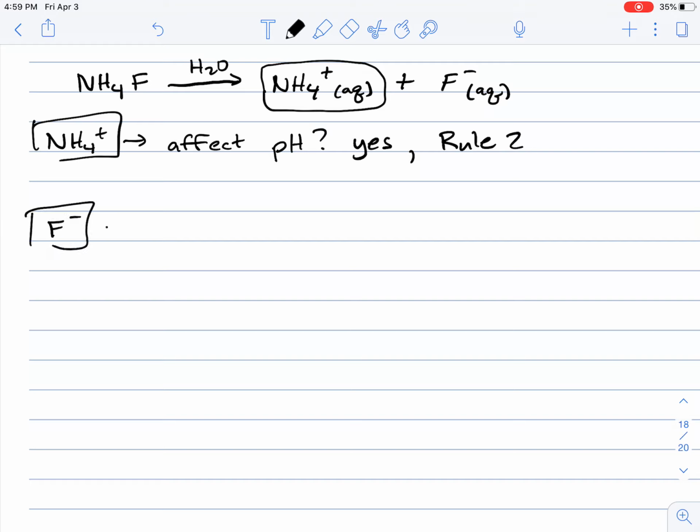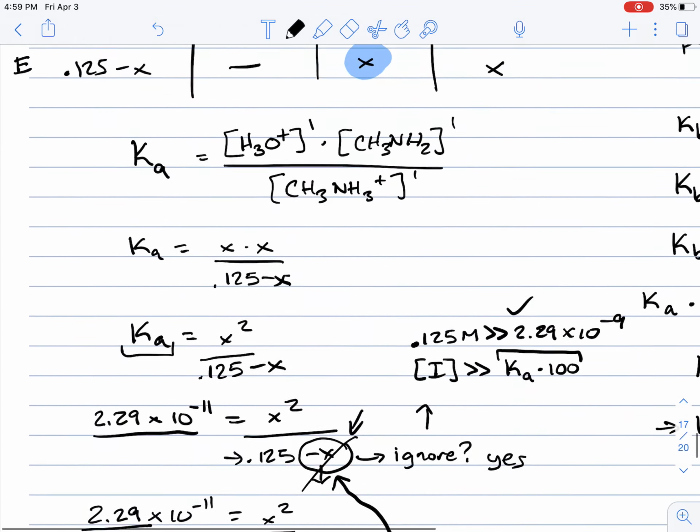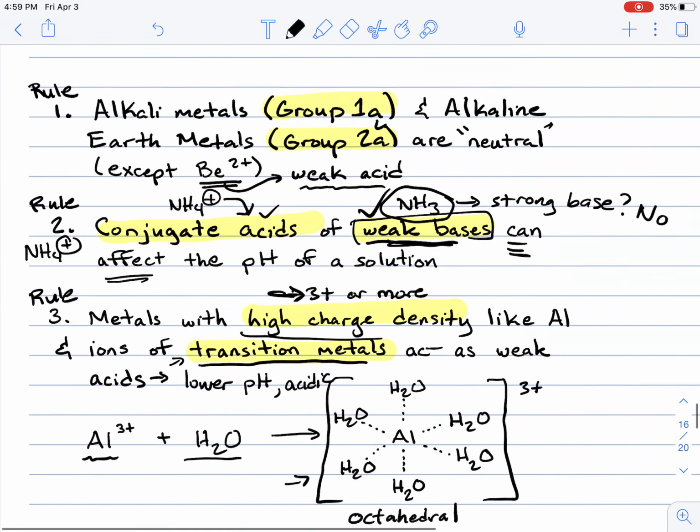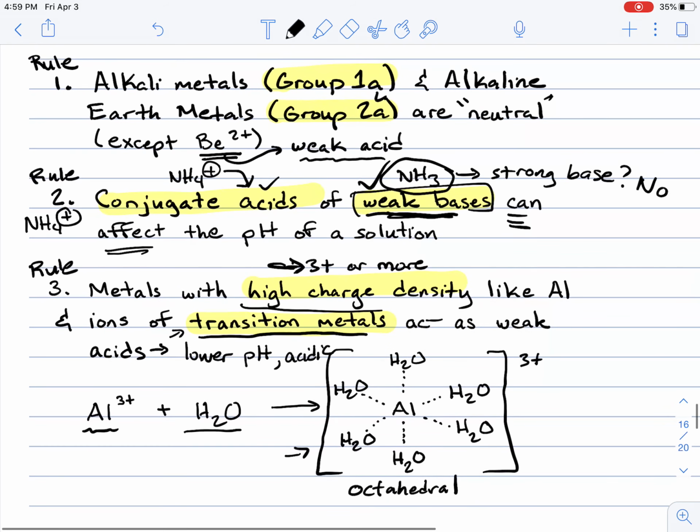So let's go ahead and look at F-. We're going to determine if F- affects the pH of the solution. So I'm going to scroll up and look at my rules. Rule 1 doesn't fit.